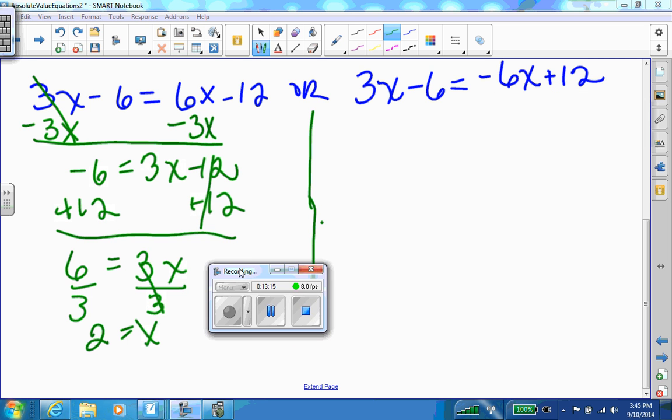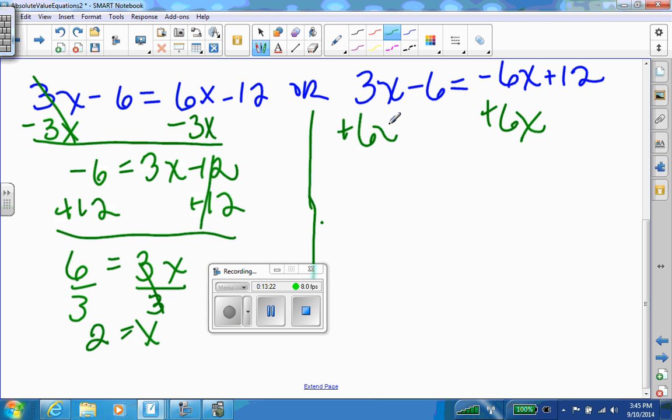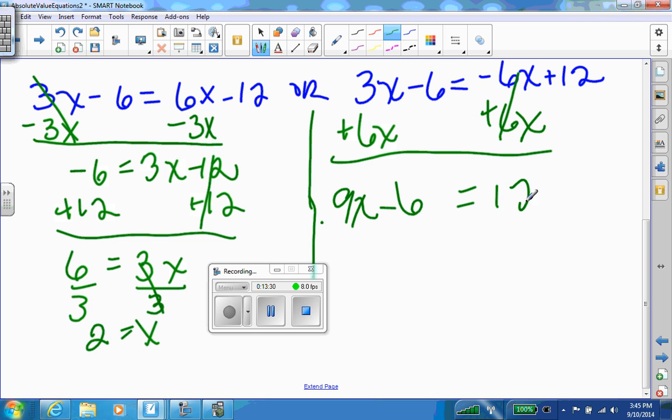So looking at the other equation we've set up, let's add the 6x to both sides. And we could start this different ways, but this is just the way I'm choosing because it keeps me from getting a negative. So 9x minus 6 equals 12. Then to cancel the minus 6, I'm going to add 6. You guys are probably really good at this by now.